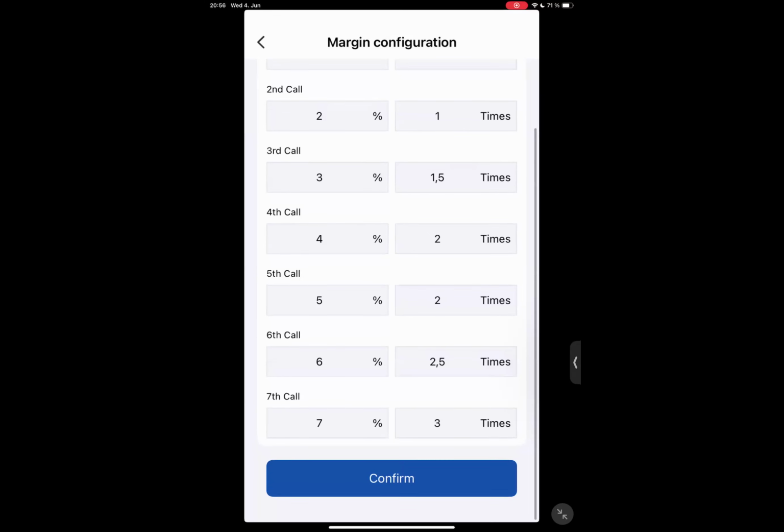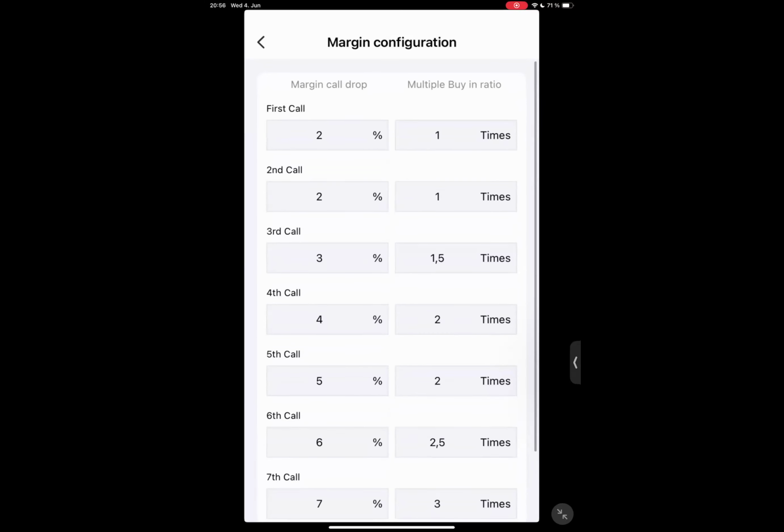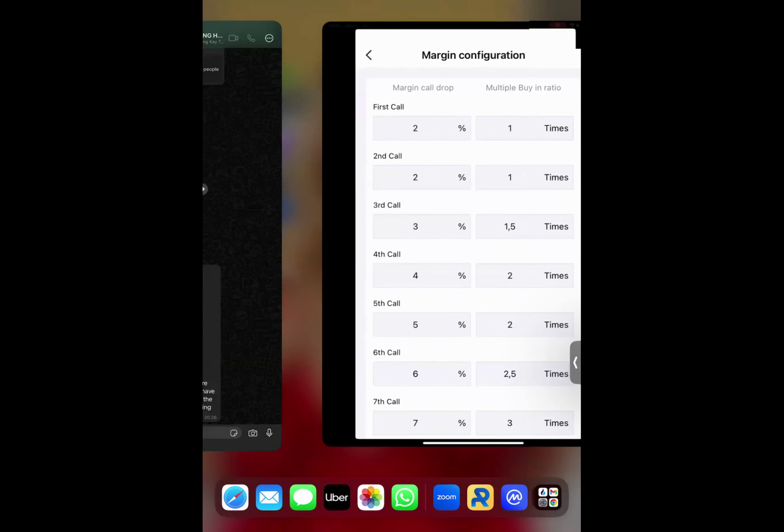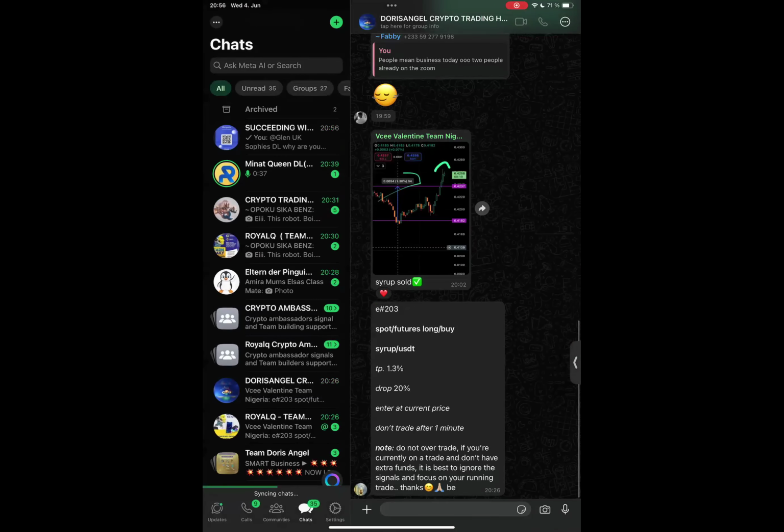Okay. So Wesley, what I did was I was just trying to explain to you the margin call drop, because in the signal here, everything is refreshed again. In the signal here, you can see it says drop 20%. I'm just referring to this signal, but other signals too, you use the same rules.